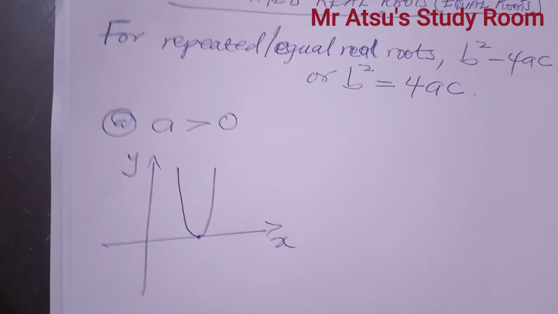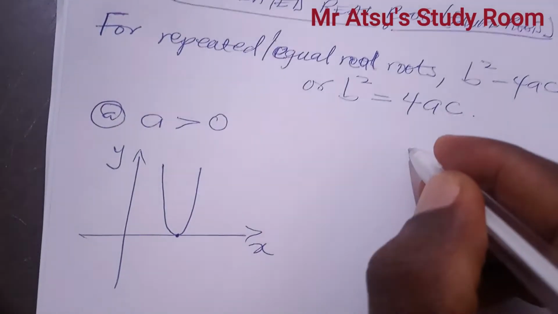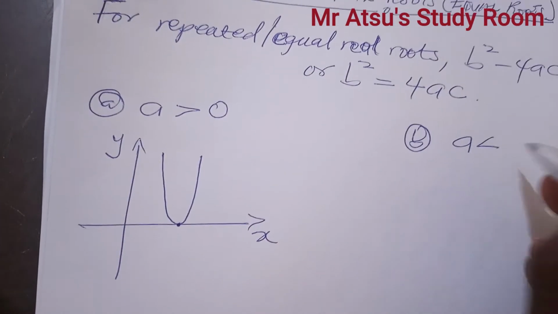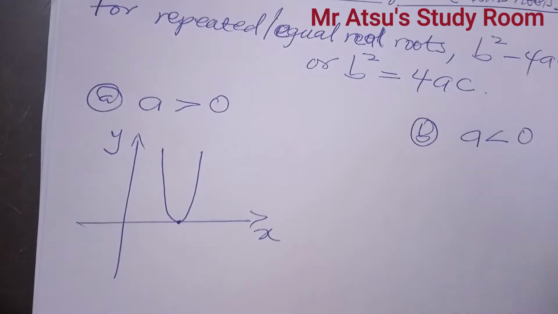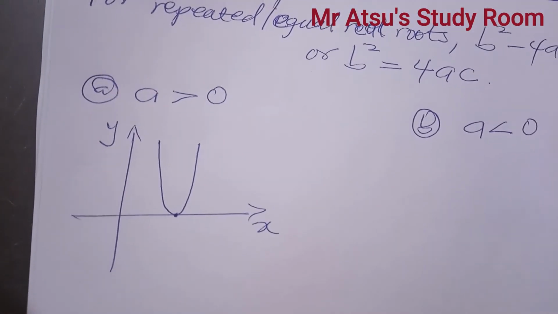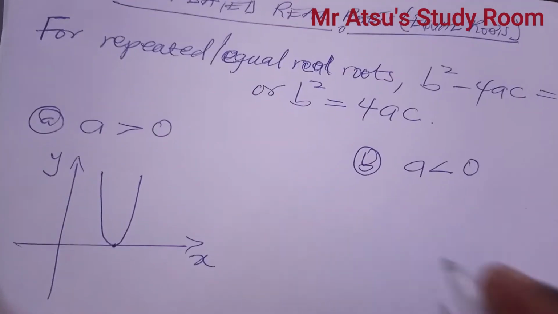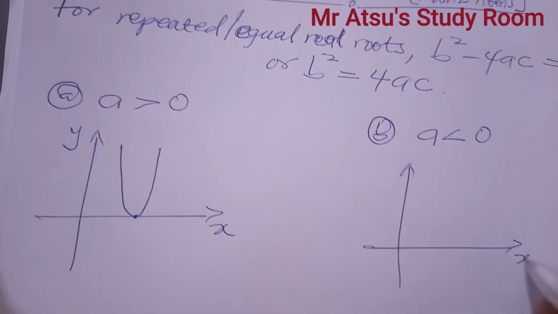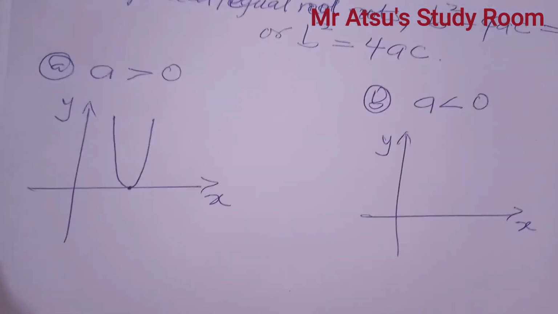Alright, then for the second scenario B, where a is less than 0, here the graph will look like an n. It will be n shape. So let's sketch x and y.